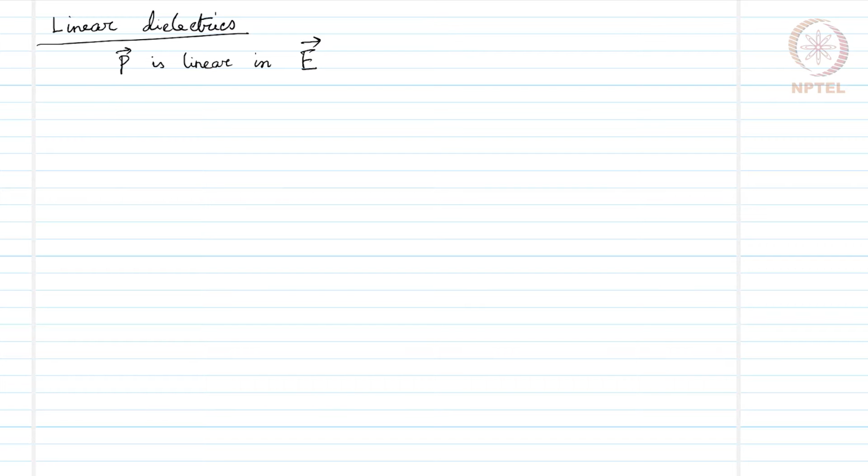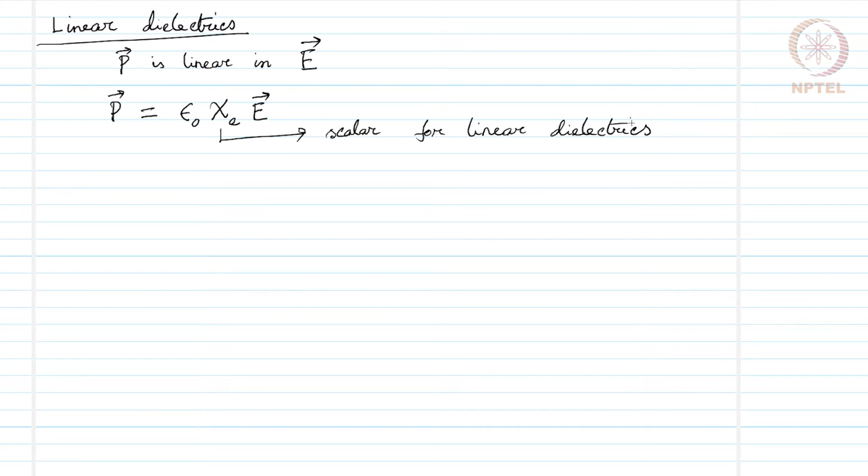And if that happens, we can write polarization, which is the response of the material when subjected to an electric field, as epsilon naught chi E times the electric field, where chi E is a scalar for a linear dielectric material and it is a constant for that material. This is called the electric susceptibility.